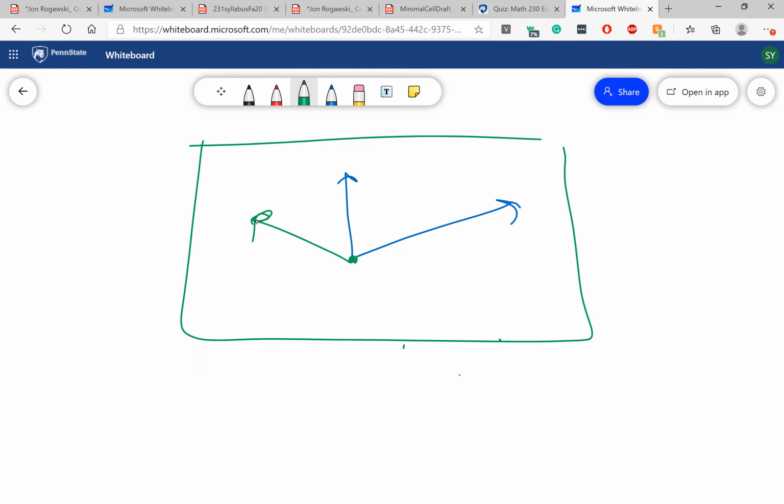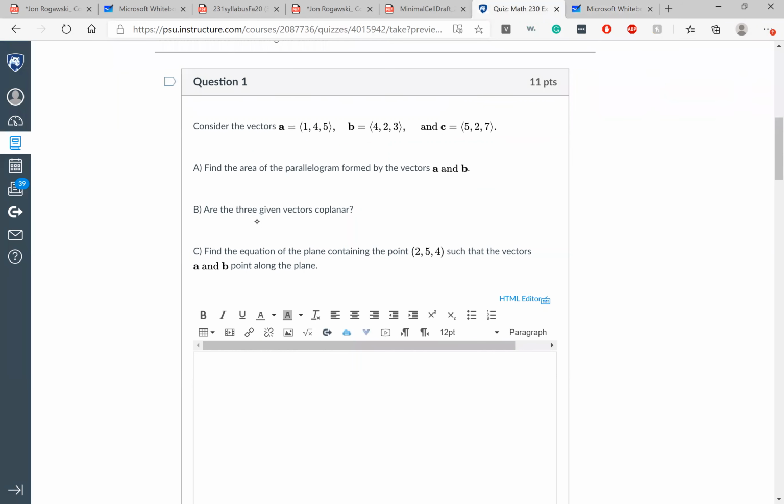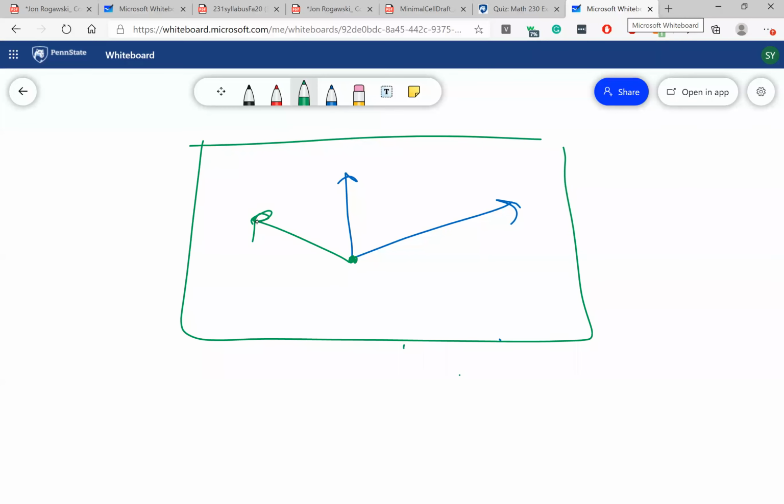Then we take the point 2, 5, 4 to be a point, and we use the equation of the plane and a point to find the full equation of the plane. So let's do it.